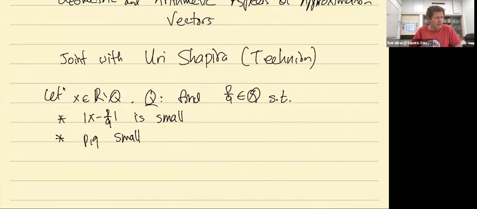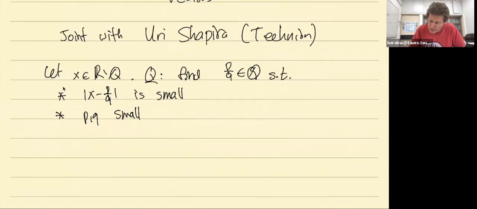And there's a sequence of rationals associated with X. If you know about continued fractions, you'll immediately recognize the convergents. If you don't, I'm going to define them now, as I call them, the best approximations.